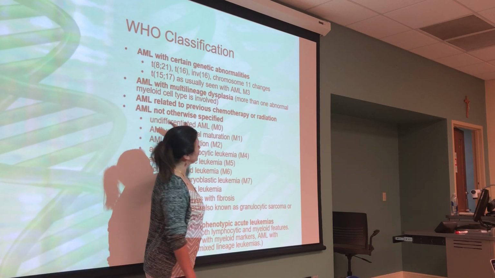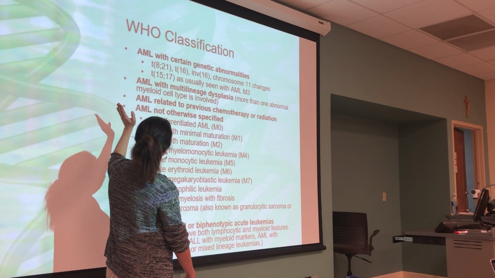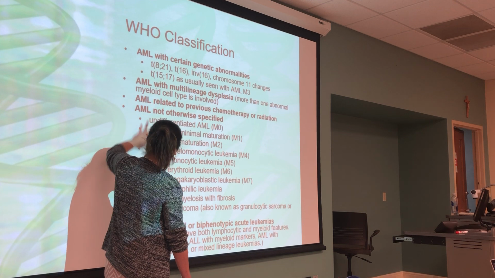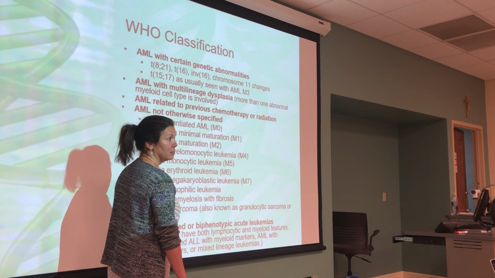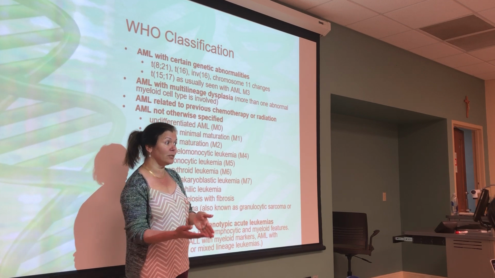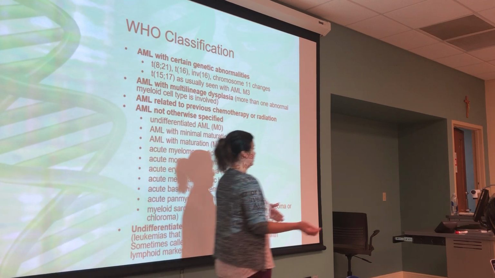Or the entire lineage is dysplastic or is undifferentiated. So this is a combination of WHO and FAB, and depending on the stage that the patient is, the prognosis improves or deteriorates and the treatment is attached to it.